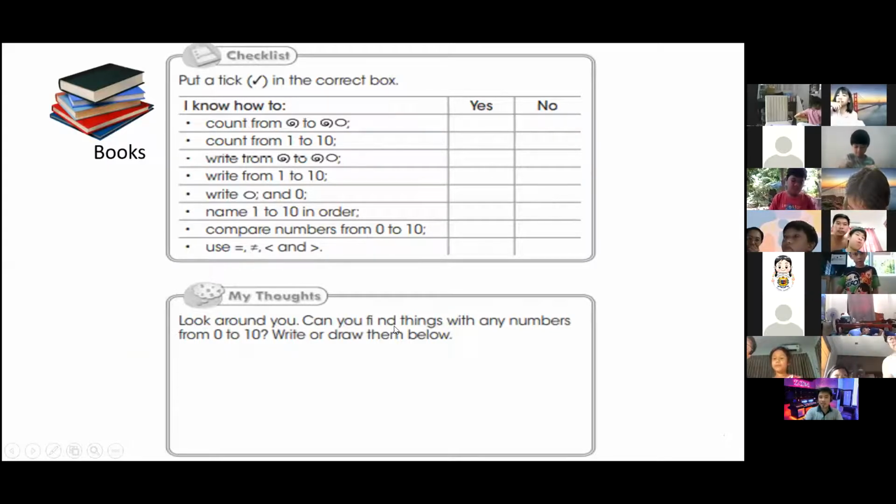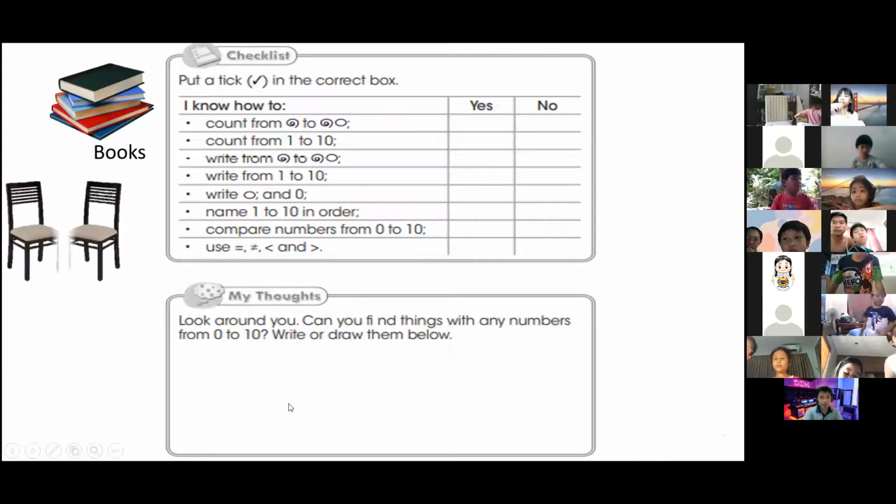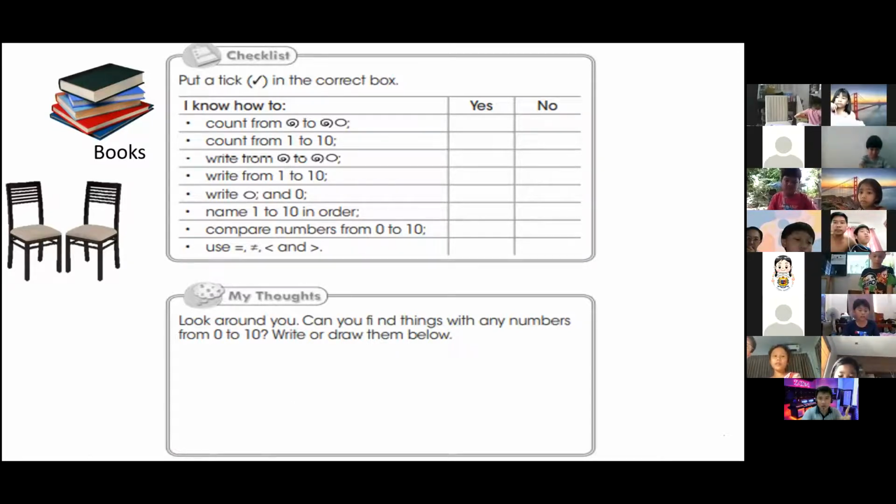Can you find things with any numbers from 0 to 10? So maybe books, or chairs, okay? You can draw the chairs here inside. Just choose only one, up to you, as long as you can draw here, okay?